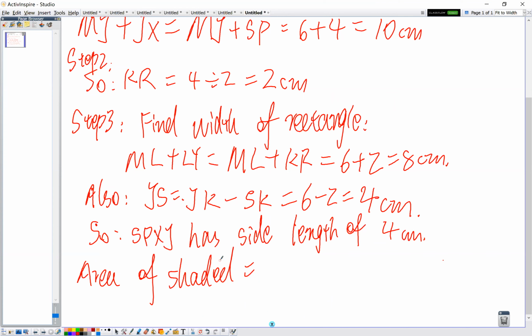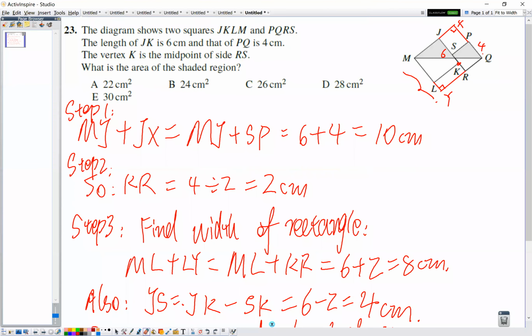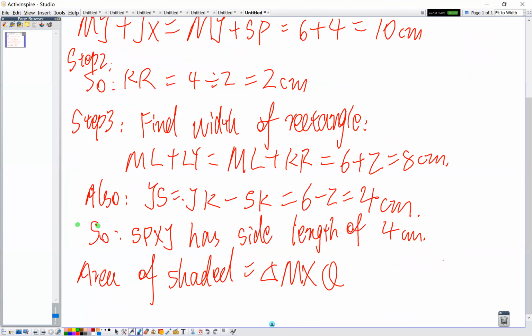The area of the shaded region equals the triangle MXQ, the big triangle outside, take away the smaller one, take away the square SPXJ.